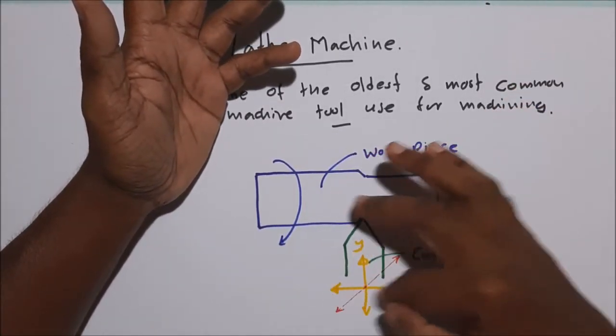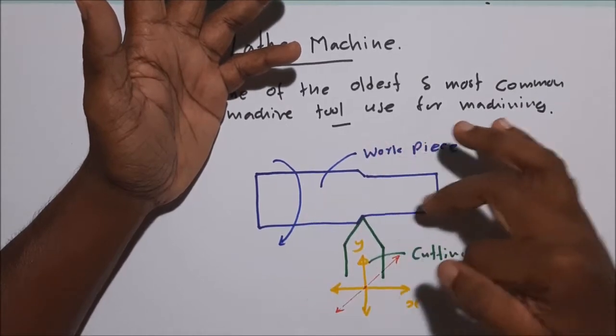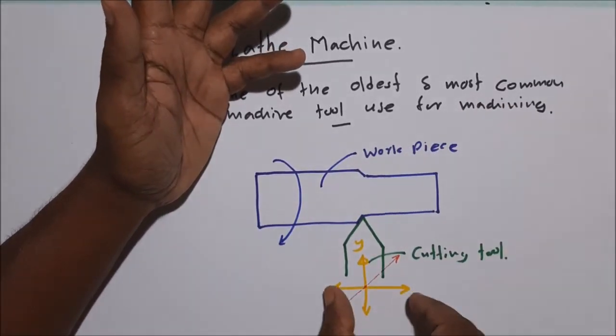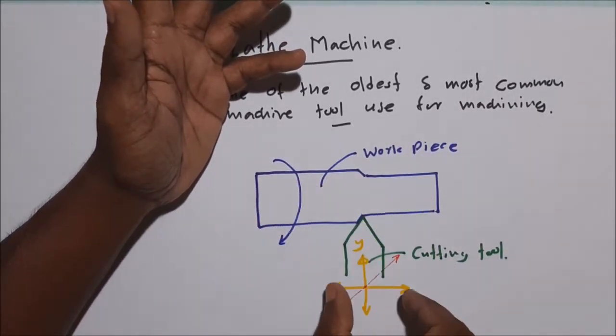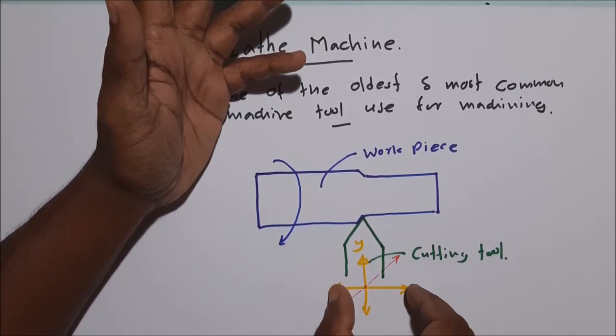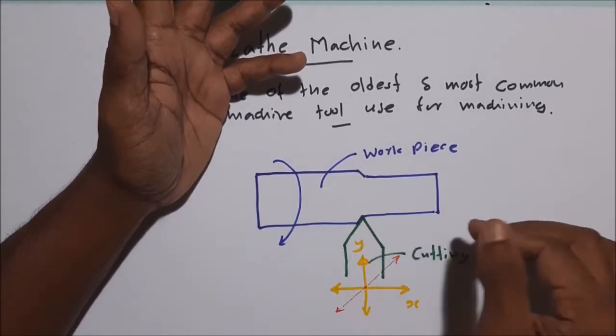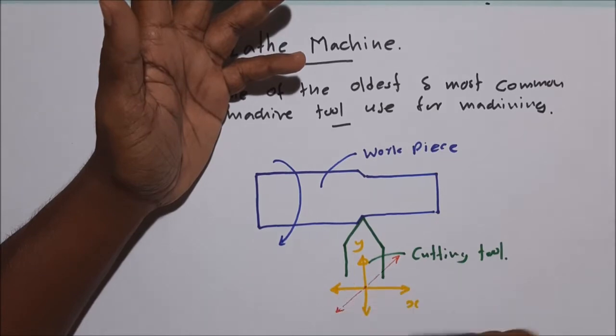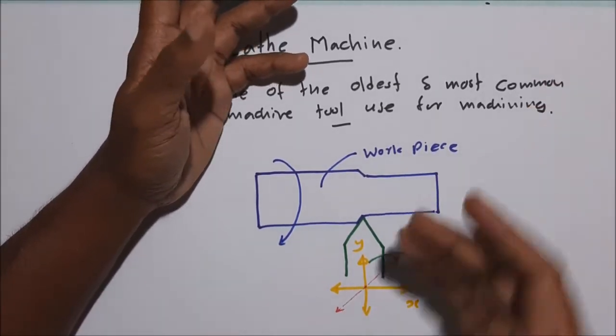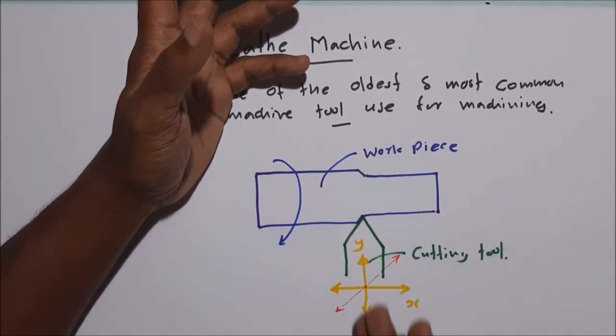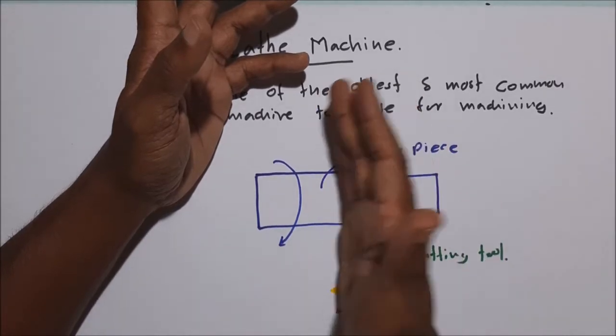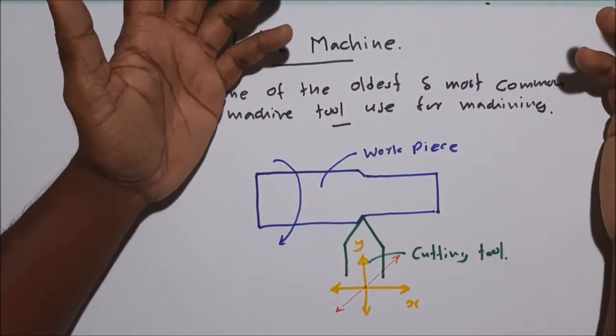Take the two major axes. While rotating the workpiece, if we move the tool in the x direction, we can remove a layer from the cylindrical surface. If we move the tool in the y direction, we can generate a flat surface perpendicular to the rotating axis.